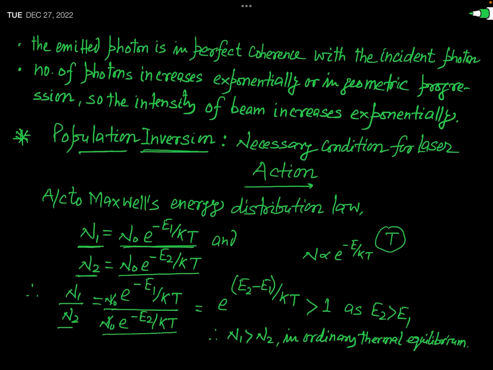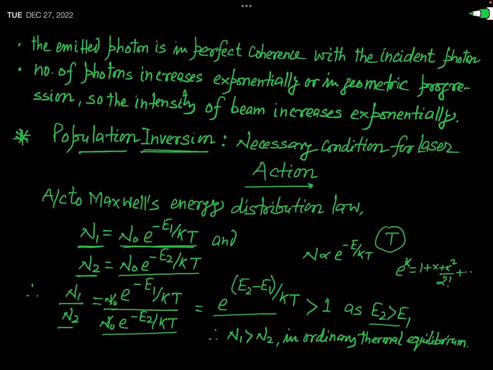When you take this denominator in the numerator, this will be e to the power minus (E2 minus E1) over kT. Now, as you know, E2 is greater than E1, so E2 minus E1 will be positive. For e to the power x, where x is a positive number, this is 1 plus x plus x square over factorial 2 plus so on.